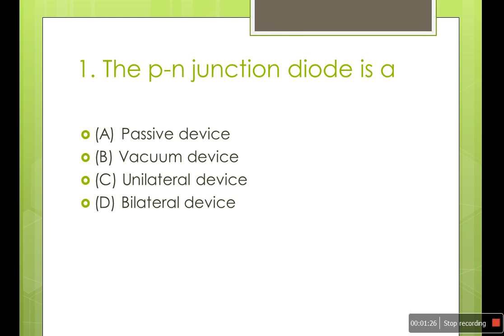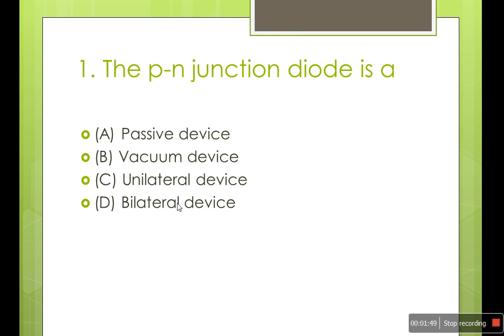The passive devices are the devices which are capable of absorbing energy. The active devices are the devices which are capable of delivering energy, and the vacuum devices are used for constructing the transistor. Unilateral devices allow current flow in only one direction.